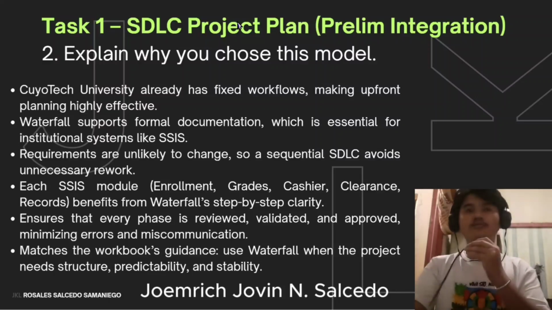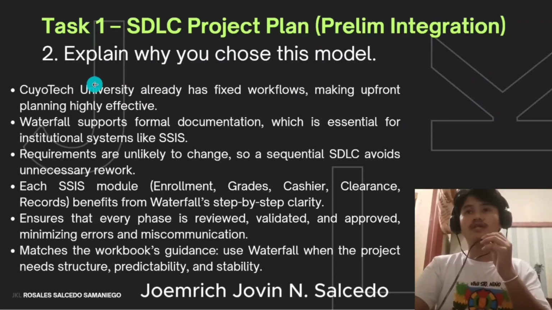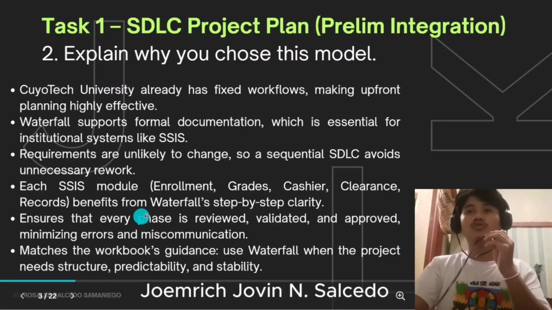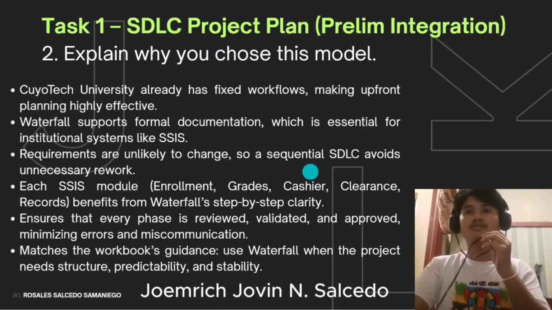And then to explain why I chose this model. Waterfall is chosen because Koyo Tech University already operates with standardized procedures, making it easy to document requirements upfront and follow a strict step-by-step development process. The approach supports detailed documentation and formal approval at each phase, reducing risk, errors, and miscommunication among departments.